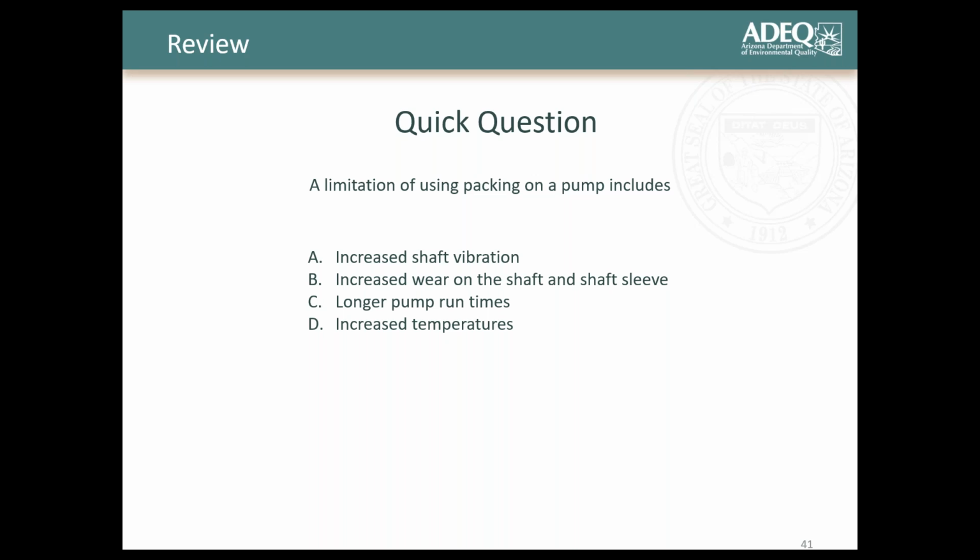Another quick question. Limitation of using packing on a pump includes: A, increased shaft vibration; B, increased wear on the shaft or shaft sleeve; C, longer run times; or D, increased temperatures.